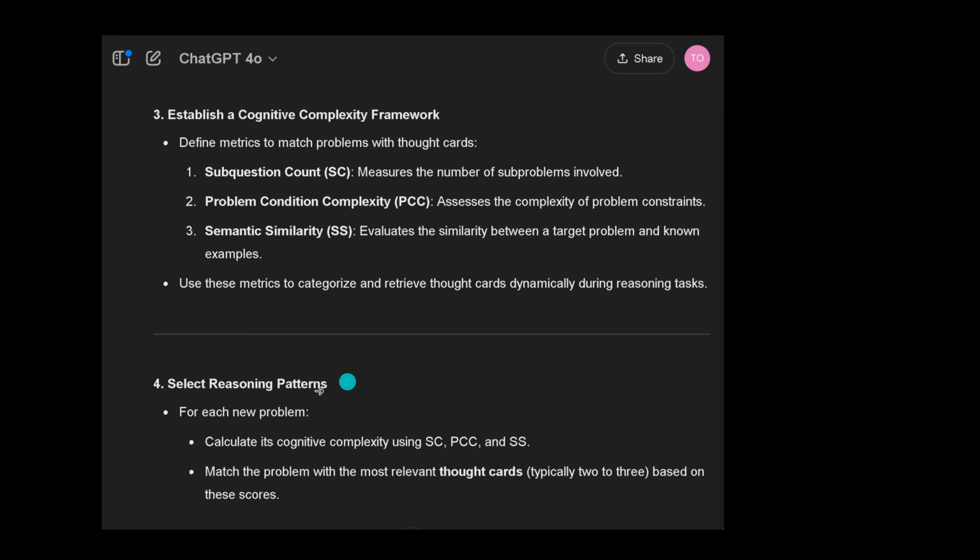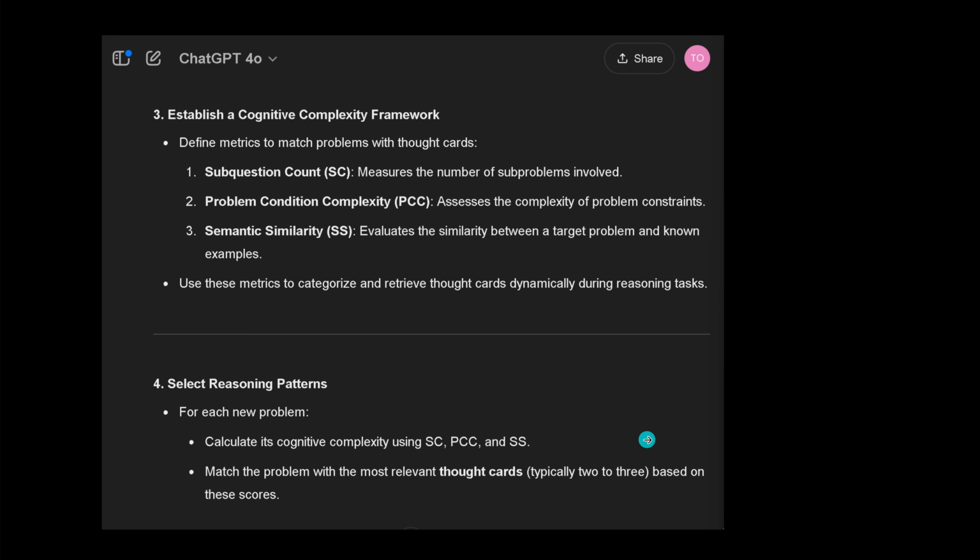So select the reasoning pattern. For each new test problem that we feed in, the system now calculates the cognitive complexity using these three parameters, and then it tries to match a particular sort card that was created by an automated learning process by the small language model itself. Let's say we extract 2, 3, 4, 5 of these possible solution paths based on these scorecards.